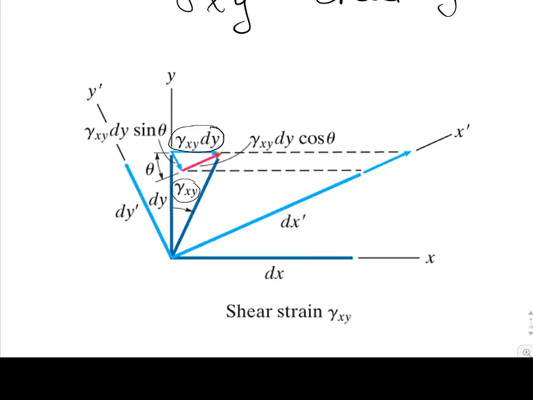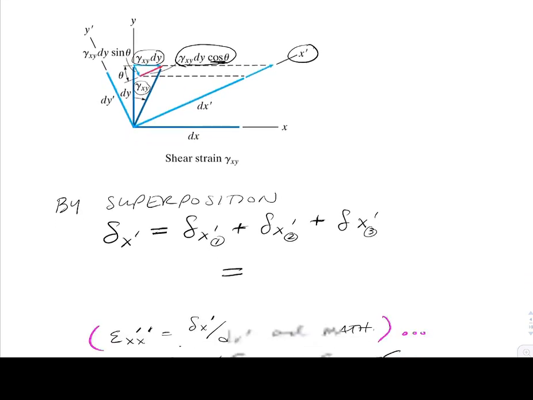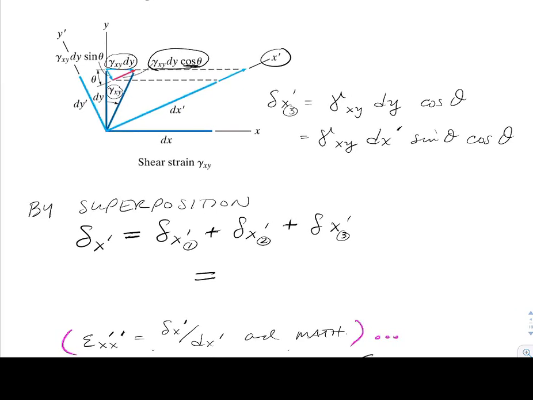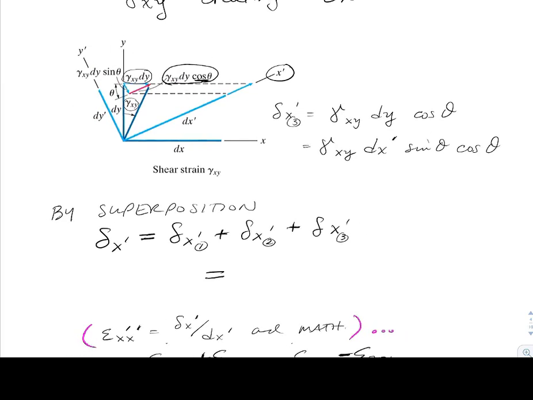All right, we're using extremely small angles here, and so the projection onto the x prime axis would be gamma xy dy times just the directional cosine, and that'll give us our last expression. So delta x prime 3, and we just plug in the expression for dy in terms of dx prime.